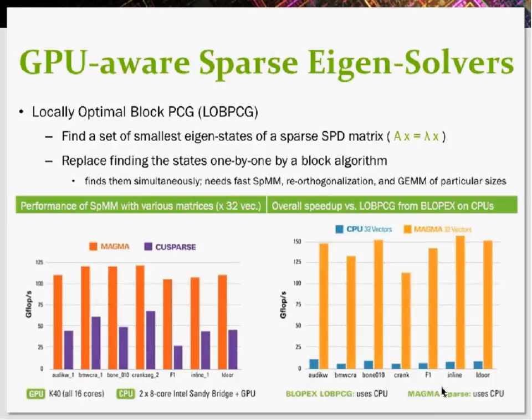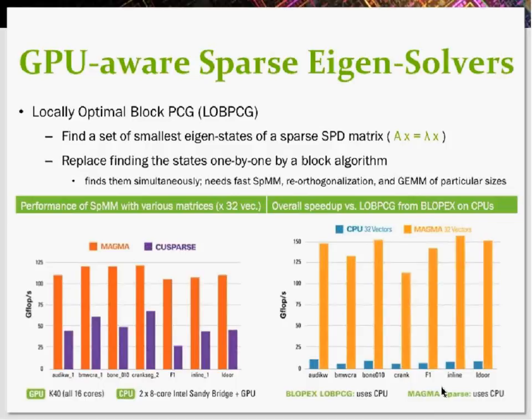Now, if somebody wonders when we need the kernel that I mentioned, sparse times dense matrix, one example is an eigensolver. In particular, the LOBPCG method, which stands for locally optimal block preconditioned conjugate gradient. This finds the smallest eigenstates using the block algorithm. So it is either sparse matrix times dense block or dense GEMM operations.